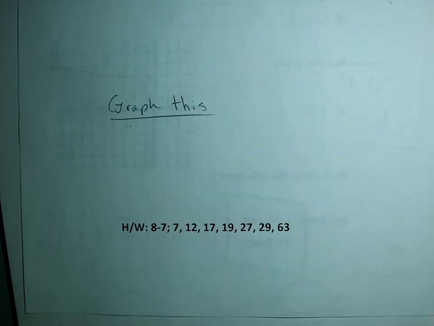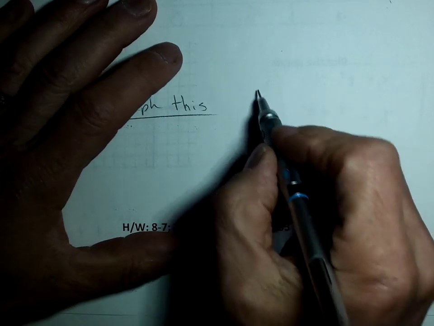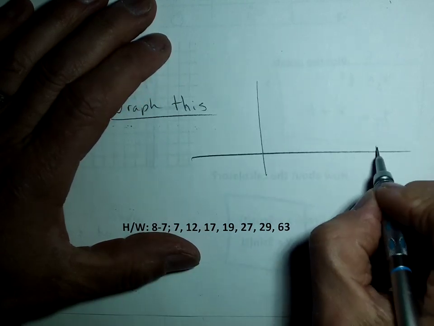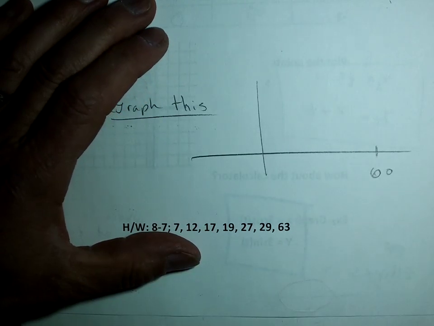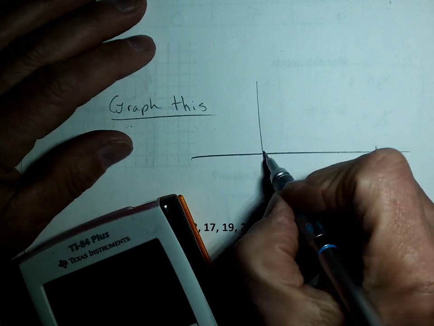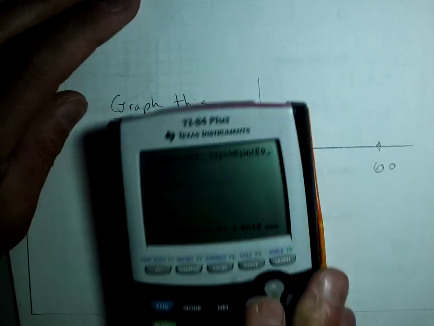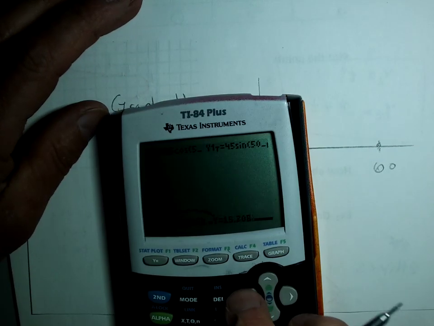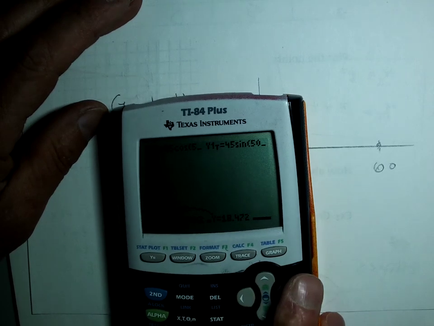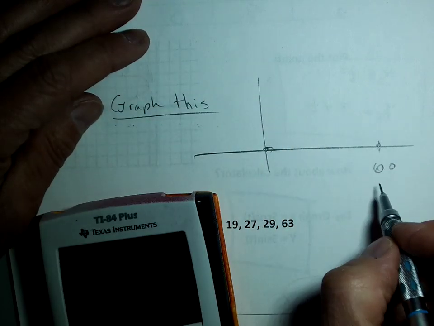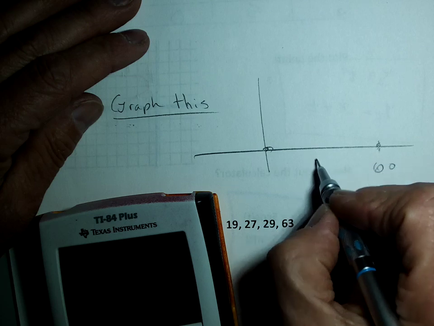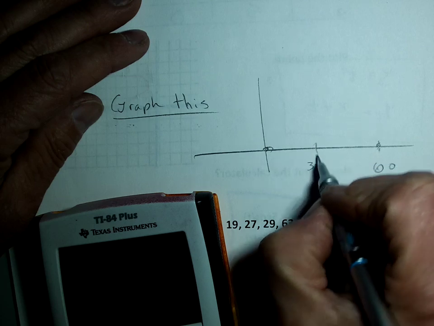So, if I graph this, it looks more like this. About 60 feet, right? It starts here, hits about 60. If I go back and hit the top of this curve, I know at about 1 second, it's at about 30 feet.